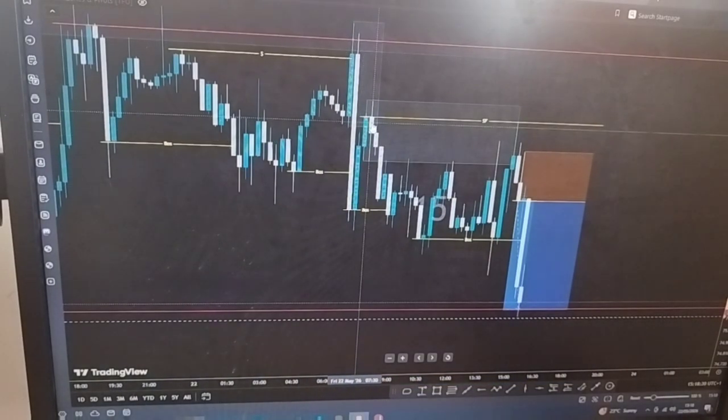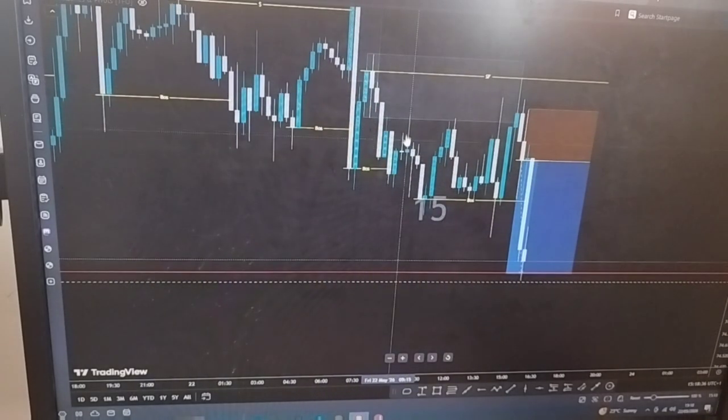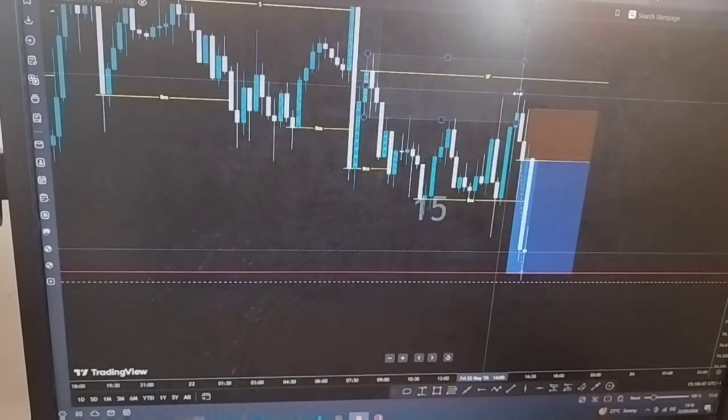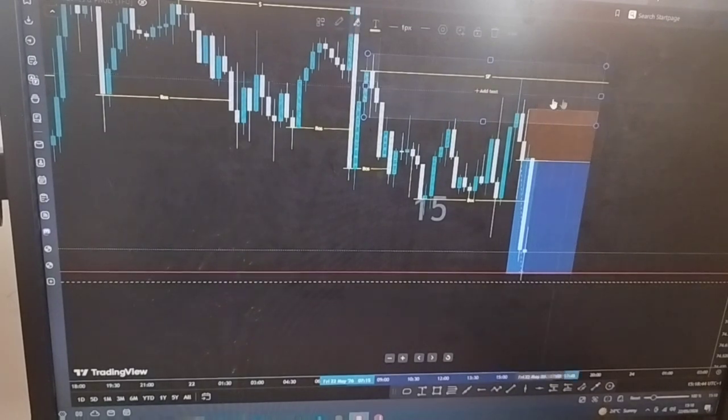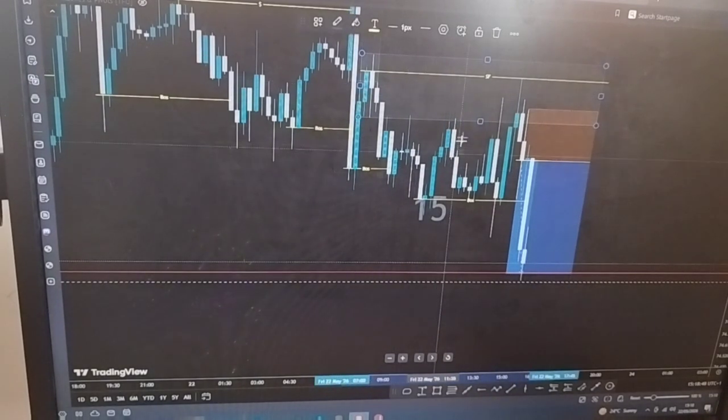Remember, this high mitigated this block. Okay, now because this guy had multiple tests on it, I call this zone the connecting area of interest. Okay, because it is connected to several areas.